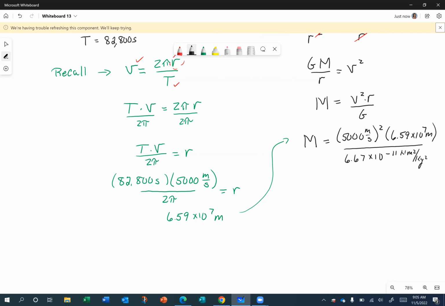So the kilograms flip to the top, and the meters cancel out. Remember that a Newton is a kilogram meter per second squared, so the kilogram cancels out one of those. The seconds cancel. You should end up with units of kilograms. So your mass turns out to be 2.47 times 10 to the 25th kilograms. Don't forget to square that speed.